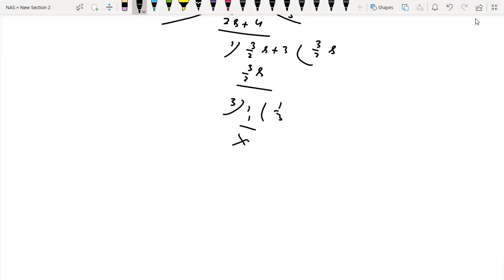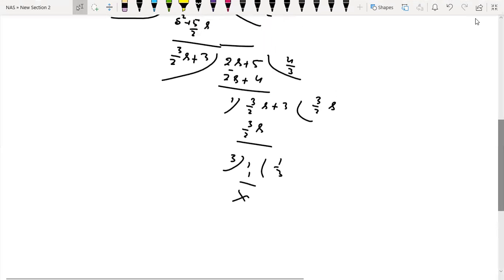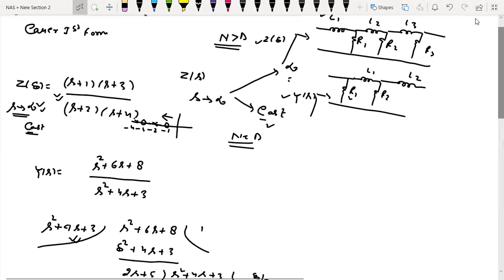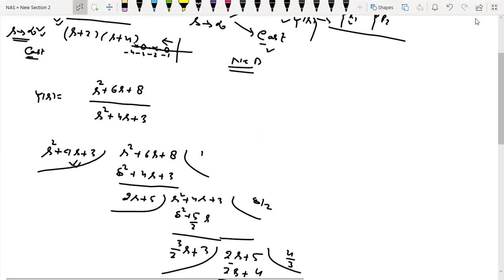So always do the division until you get 0. Now see, we have divided all the terms. Because we are drawing the function for YS, this term is my YS. So the function will start with Y1, then Z1, then Y2.